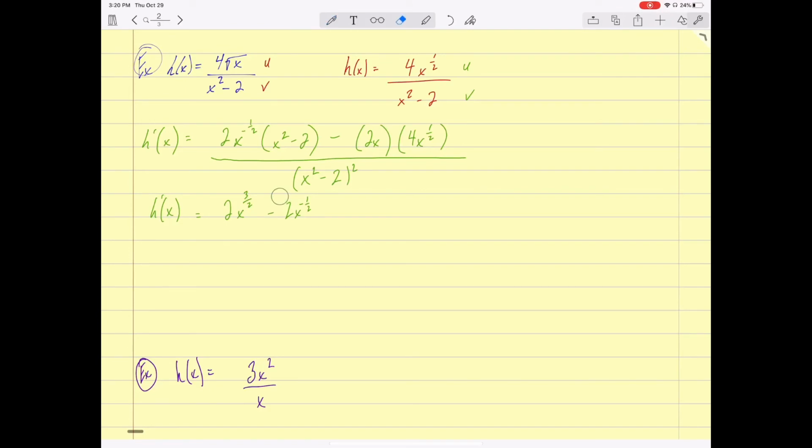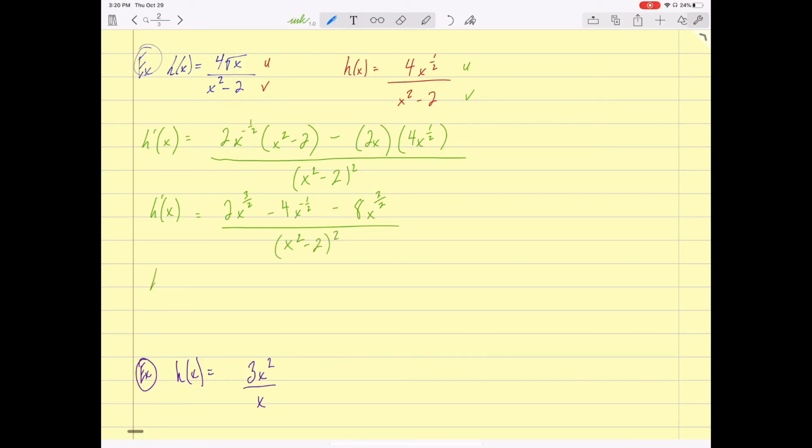That actually would be 4. And then minus 8x to the 3/2. Divided by x squared minus 2 squared.